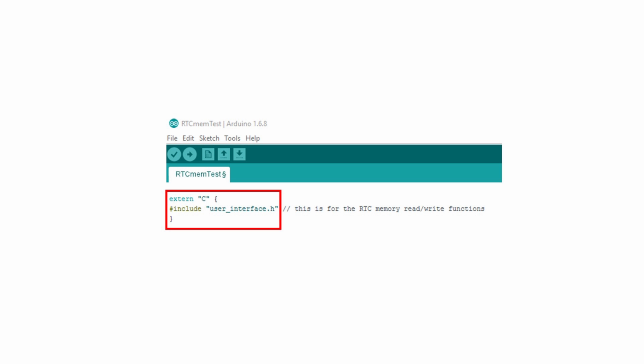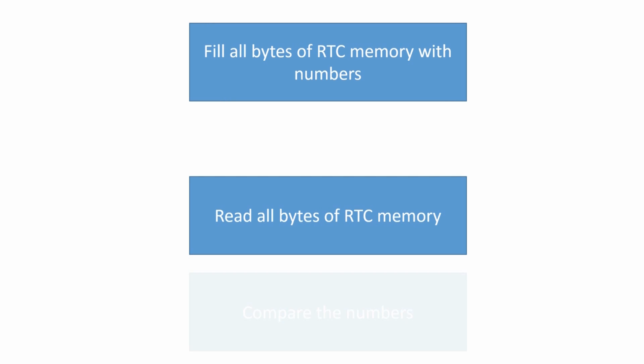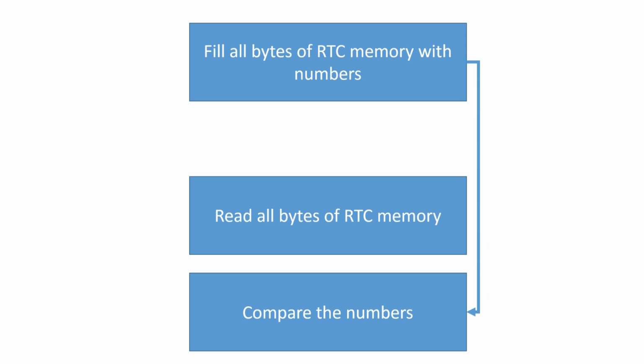This file includes the two important methods for reading from and writing to RTC memory. Now let's try if the RTC memory works as described. To test it, I plan to write a number into each byte of the available memory, read it back later and compare the results. If the numbers fit, the memory seems to work.